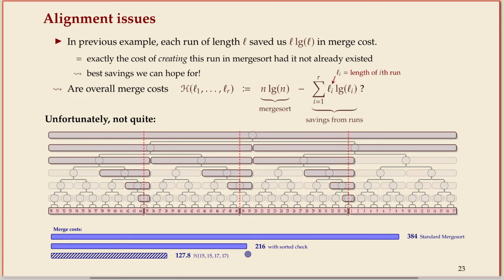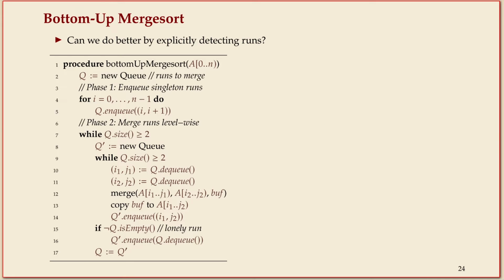All right, maybe we need a different idea. Let's try a different variant of merge sort. I'm not sure if people have seen bottom-up merge sort. It's a variant that's a little less known than the standard recursive one. The basic idea is that instead of a recursive step, you work yourself from smaller runs to longer runs.